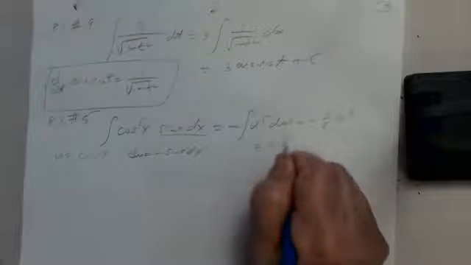So you get minus 1/6, the 6th power of the cosine of x, plus a constant. So that's just a straightforward substitution. Oh, okay, I see. Thank you.